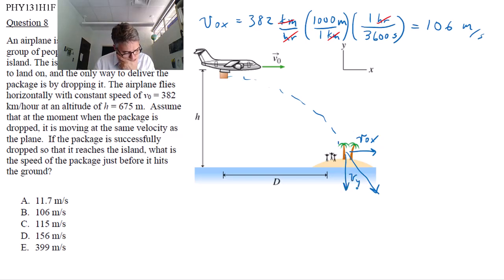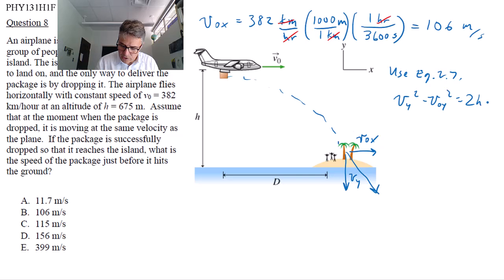And so I think, once again, I'm going to use this equation 2.7, right? Because I know vy squared minus v0y squared is equal to 2 times h times g. I'm going to flip this and put the y direction downwards. So this one starts at rest relative to the plane.